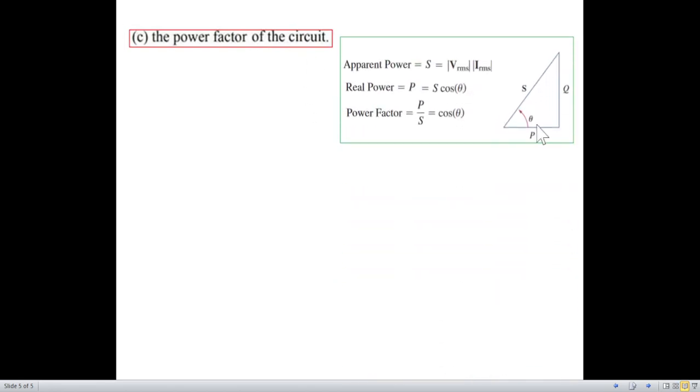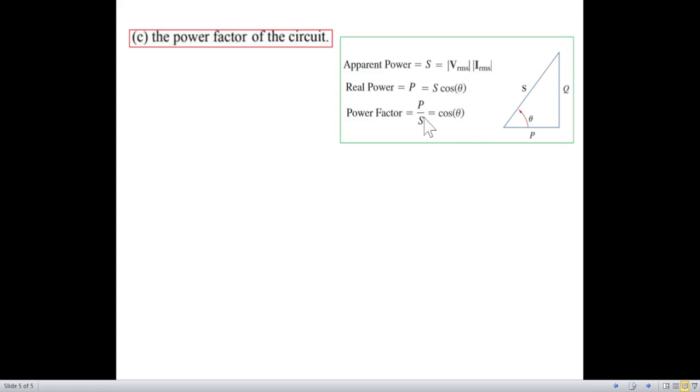Now the third was the power factor of the circuit. For power factor, we will see this power triangle diagram, and you can see this is called the apparent power, which can be written as VRMS IRMS, and this is the real power and imaginary power or reactive power. We know that cosine theta is base over hypotenuse.